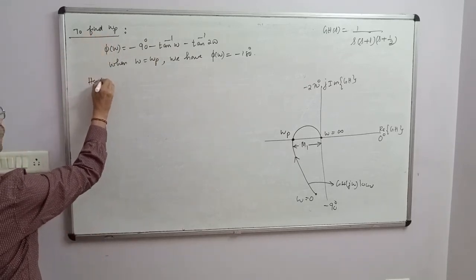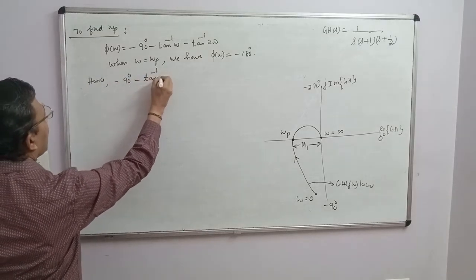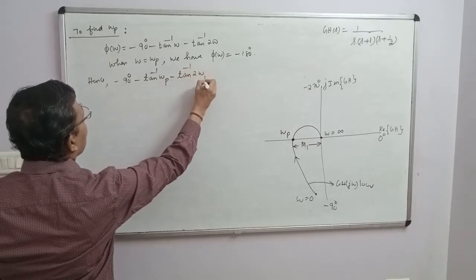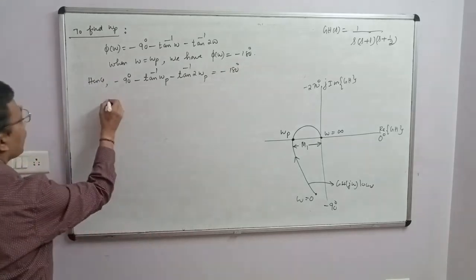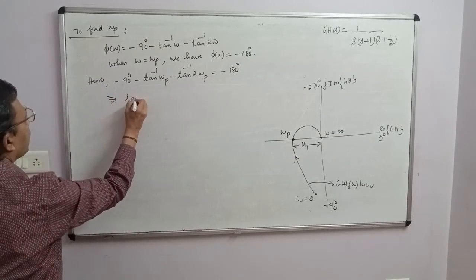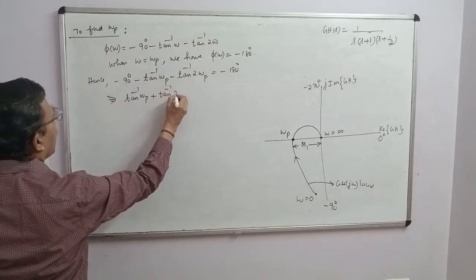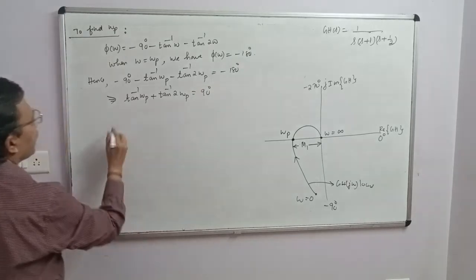Hence, minus 90 degrees minus tan inverse of omega p minus tan inverse of 2 times omega p is equal to minus 180 degrees. This implies tan inverse of omega p plus tan inverse of 2 omega p is equal to 90 degrees.